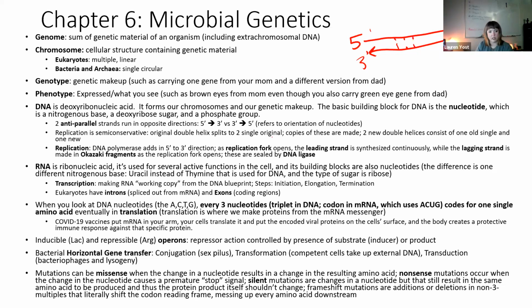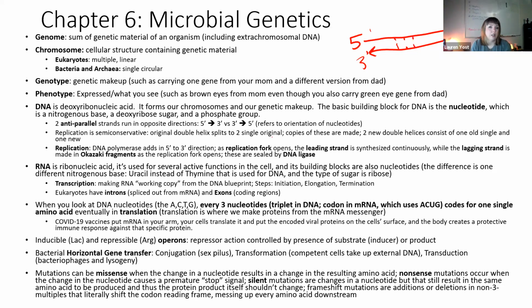Then we talked about mutations. We talked about the missense ones, where we're going to have a change in the amino acid. So one nucleotide gets changed, leads to a change in the amino acid. That's missense. If we had changed a nucleotide and we did code for an amino acid, but now we have a stop codon there, we have no amino acid where there should be.